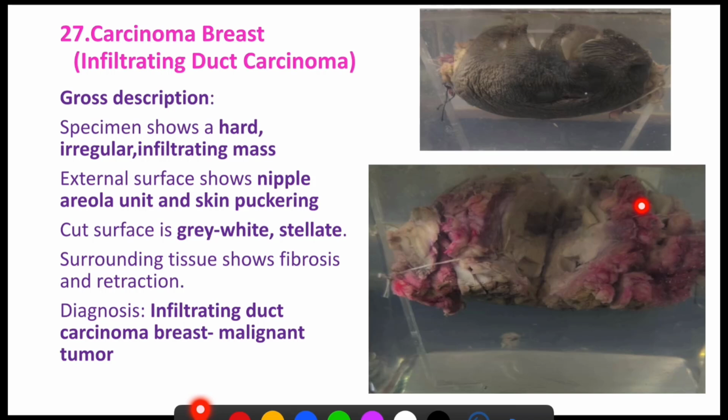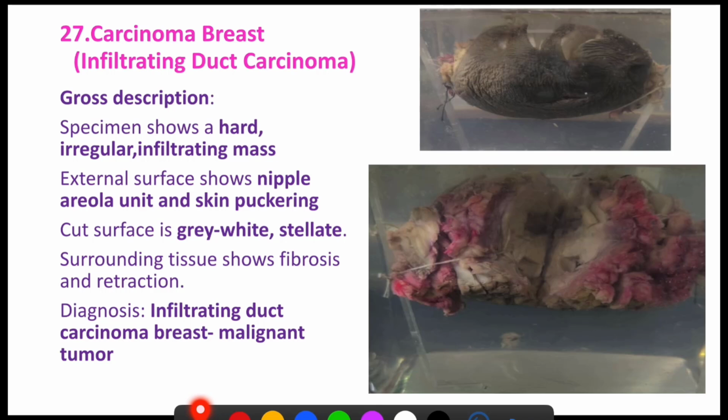This is the ink which is used to see the base of the surface of this specimen, so that in microscopy we can identify whether the base is involved by tumor or not. So this is a specimen of infiltrating duct carcinoma which is a malignant tumor of breast.